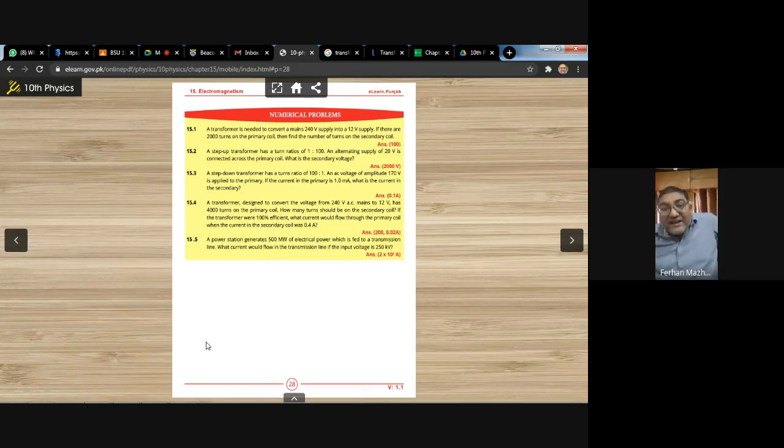You see, this numerical is also such a kind of numerical which can be a part of a long question. This numerical can be of 4 marks, might be of 5 marks. So these two numericals, 15.3 and 15.4, can be a part of a long question.